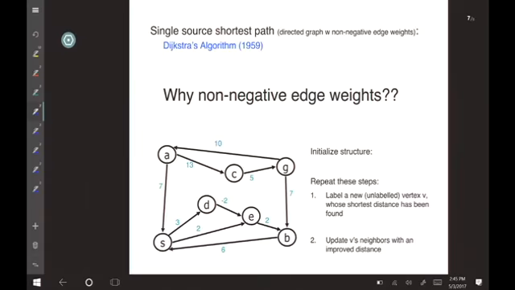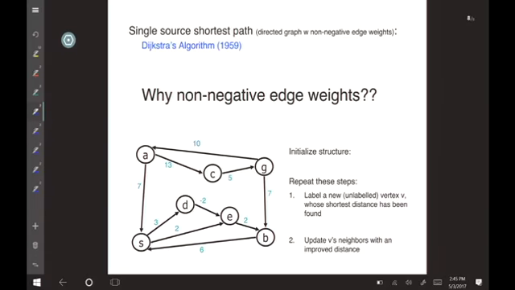All right, so the question, though, is why does Dijkstra's algorithm demand non-negative edge weights? What I want to do is look at what can go wrong with specifically Dijkstra's algorithm if we allow for negative edge weights, okay? So I've taken the same picture, but I'm going to start from here.